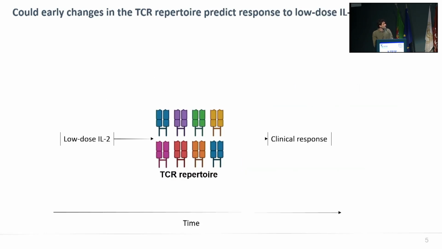So my question is, does low-dose IL-2 have an impact on the TCR repertoire, which in turn may lead to the clinical response that we observe in patients? And actually, we hypothesized that it's not likely that the whole repertoire is linked to that biological clinical condition, but rather a small subset of the repertoire. And that's what we call a TCR signature, and that's what we're looking for.